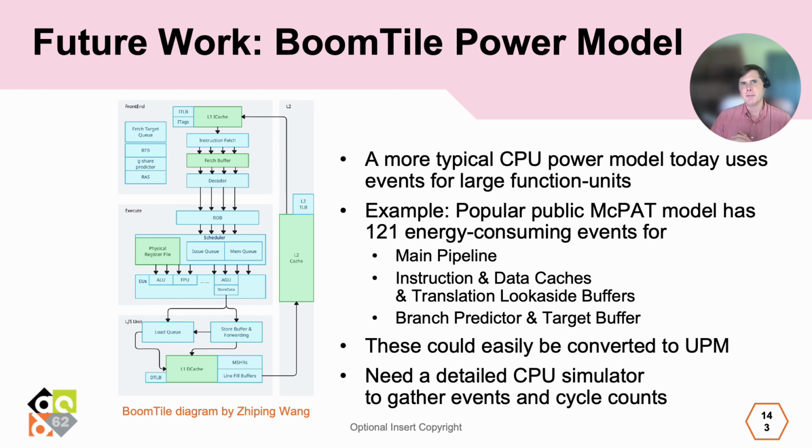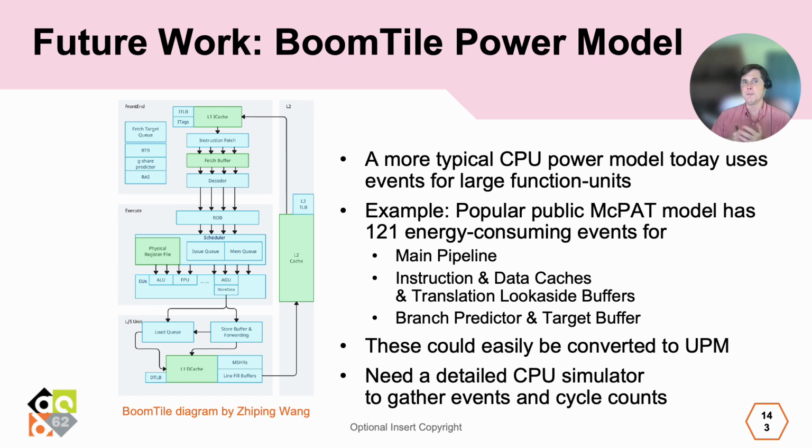But let's take some time to talk about how we could make more complex models. In fact, there are some things that we wanted to include in this tutorial, but we couldn't for lack of time. First of all, like we said, instruction level power models aren't really the best. A more typical kind of CPU power model that's used today will have events for large function units.